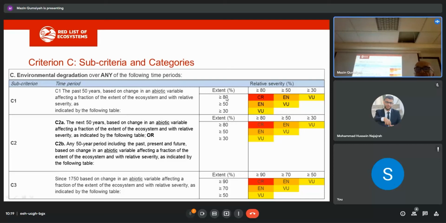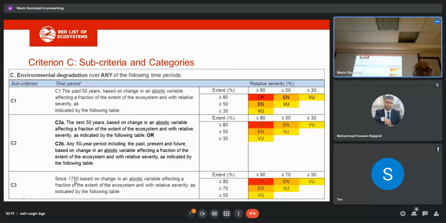Again, 80%, between 80 and 50, between 50 and 30. The second one is the next 50 years, exactly like we saw in the previous one. C1 is the past 50 years, C2 is the next 50 years, and C2b could be past and future. Okay, exactly the same process.